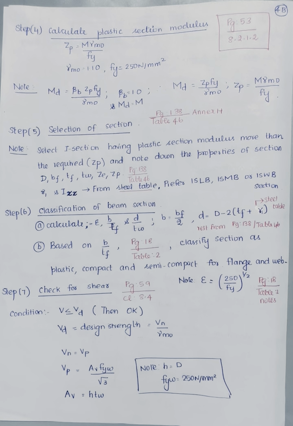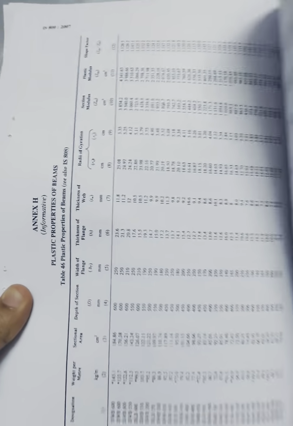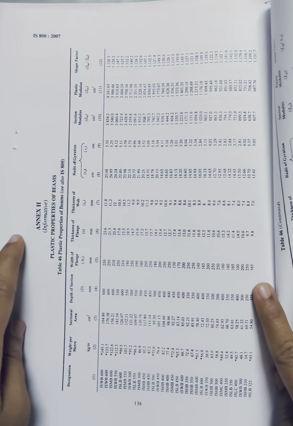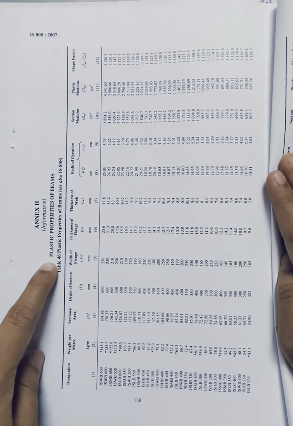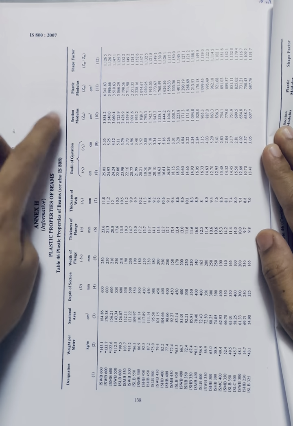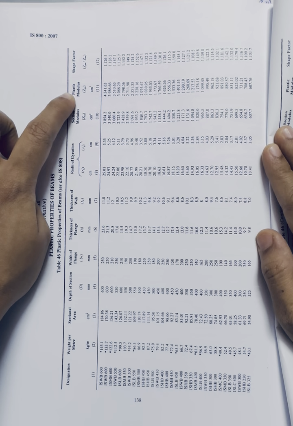Next step, that is step 5, would be the selection of the section. So how do you find the selection of the section? You have the plastic section modulus with you right now. So page number 138, table 46. So if you see in the table, we know the plastic section modulus.